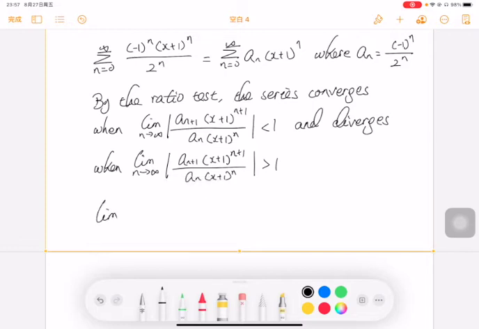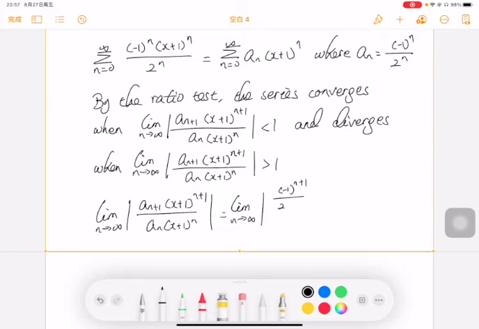Limit as n goes to infinity of the absolute value of a_(n+1) (x plus 1)^(n+1) divided by a_n (x plus 1)^n. Now this is the limit of the absolute value of (-1)^(n+1) divided by 2^(n+1) times (x plus 1)^(n+1).